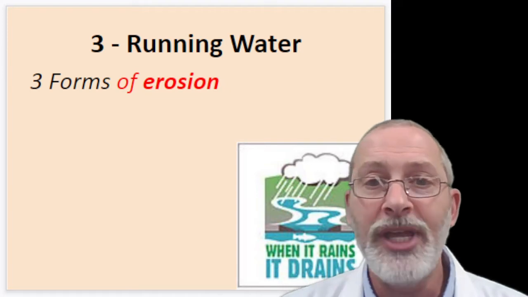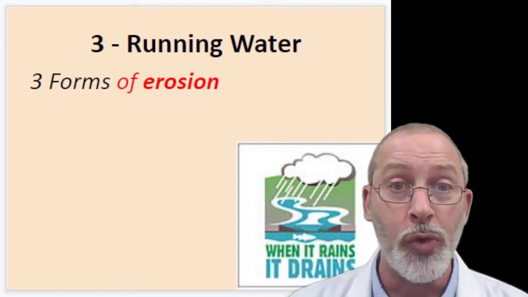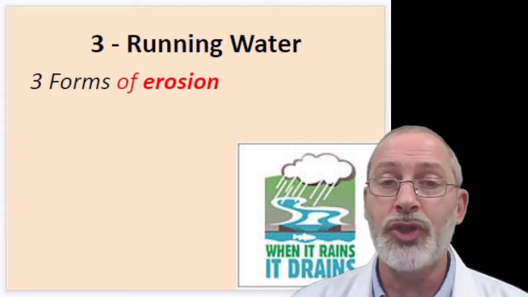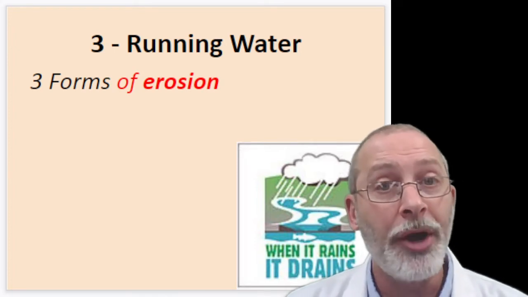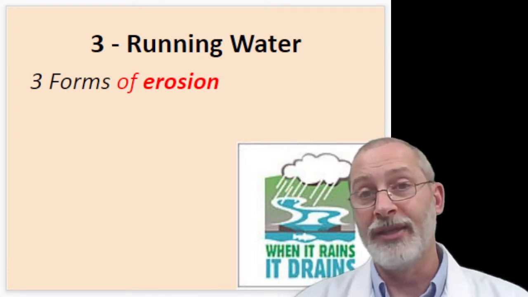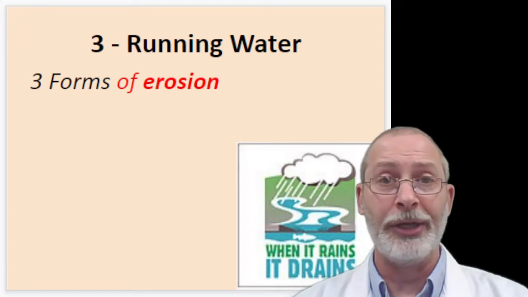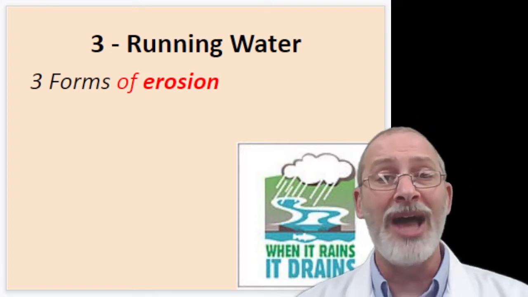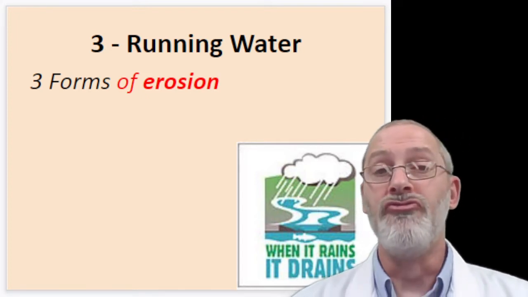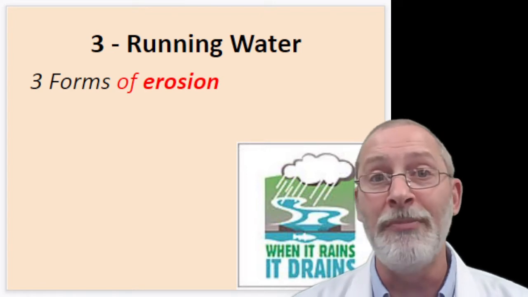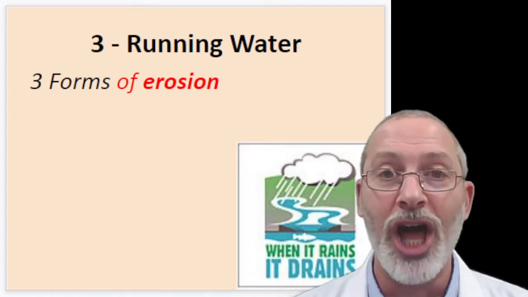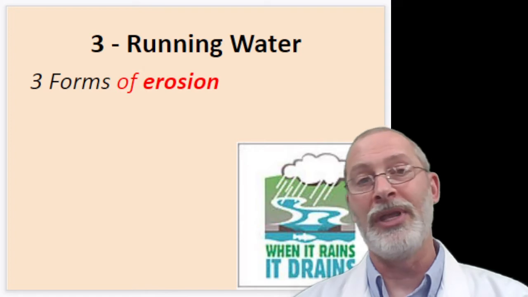There are three different forms of erosion when it comes to running water. Before we even get into these, let's get one thing clear. Running water does not mean it's in a race. The word running simply means flowing downhill.